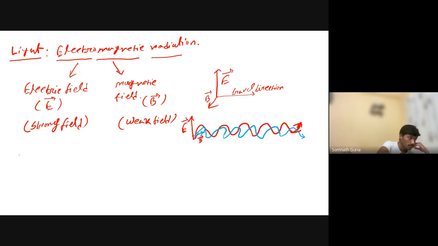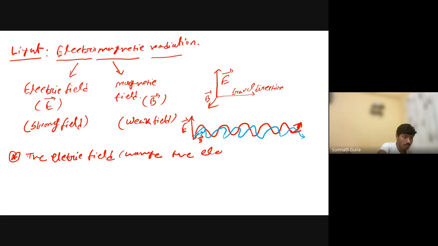So, the note is that the electric field changes the electronic distribution at the molecular level, and this is related to the polarizability, which is denoted as mu.